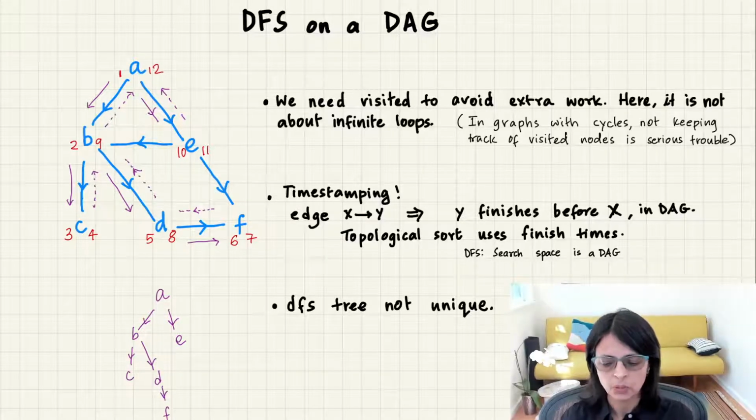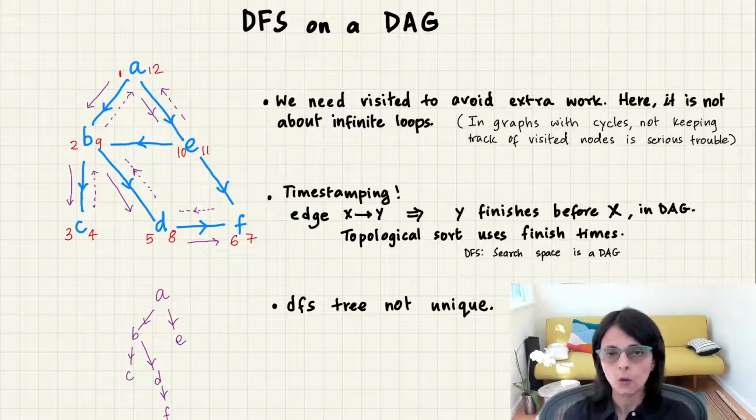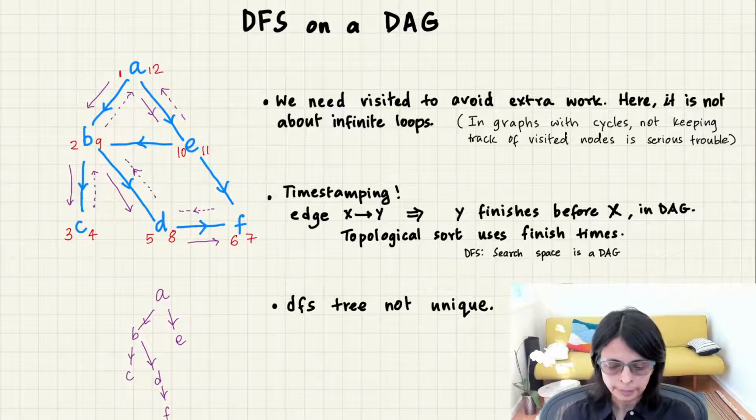Y will finish before X, and this observation is key to the linear time algorithms for topological sorting of all the nodes on a directed acyclic graph. This is where timestamping becomes really powerful.